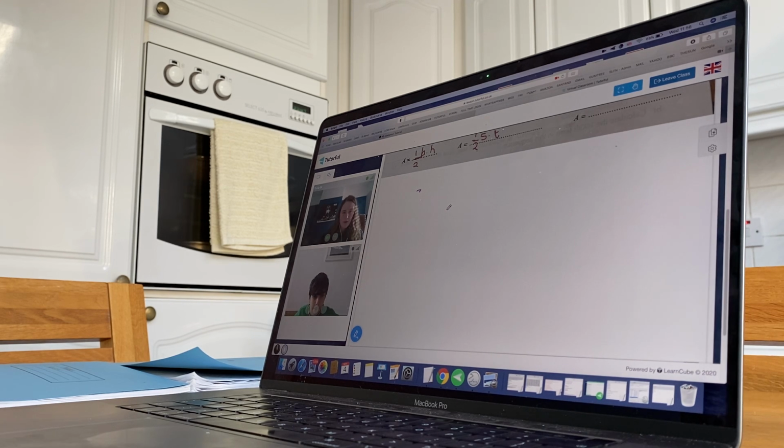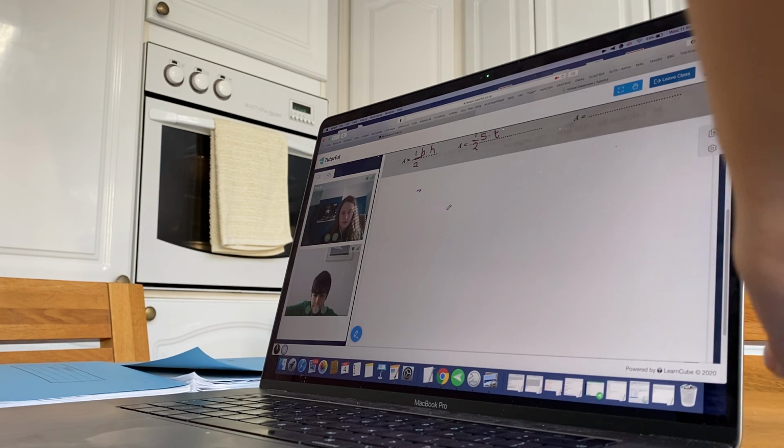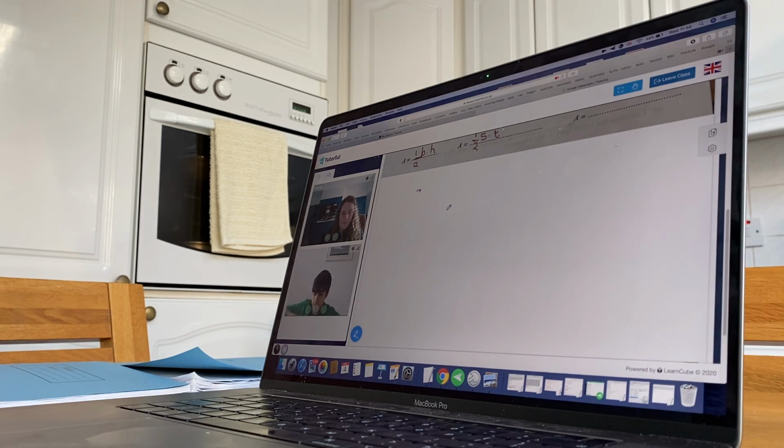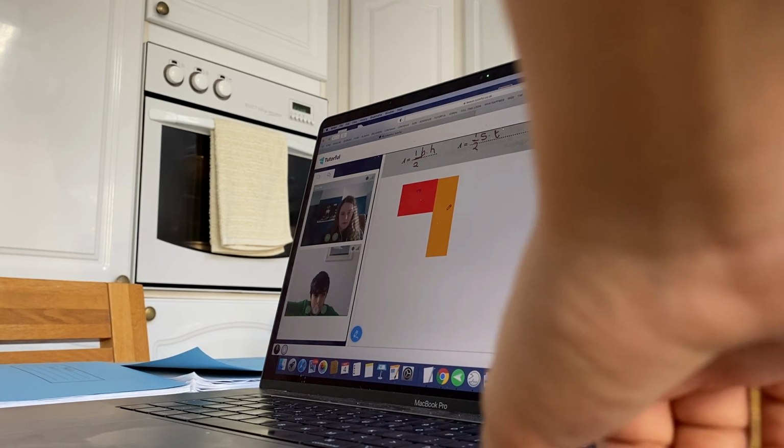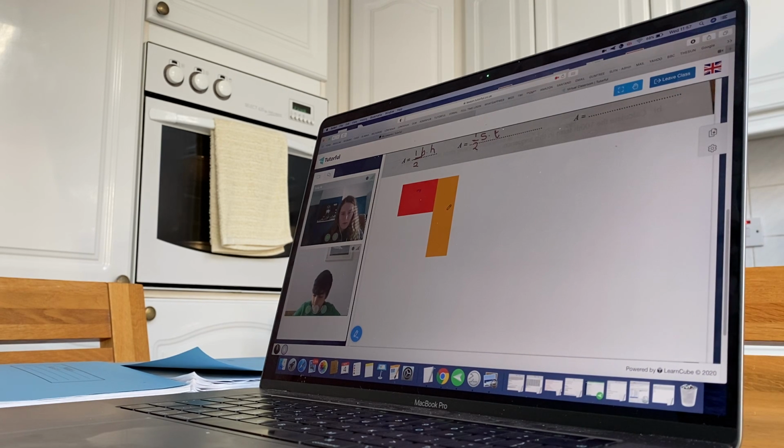Just to do another example, I now have a shape that looks like this. This length is 5.